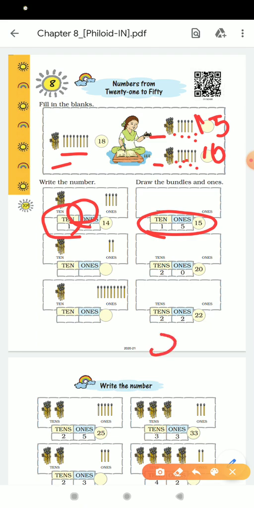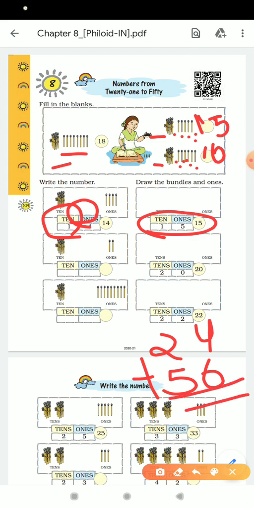Because whenever you do subtraction, or minus, you start the sum from this side. So keep in your mind that the last unit place is very important. It will decide the whole structure of the sum.